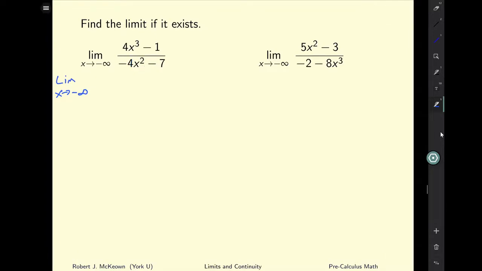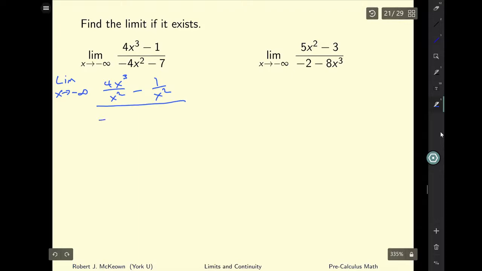So I'm going to divide the numerator and the denominator by x squared.